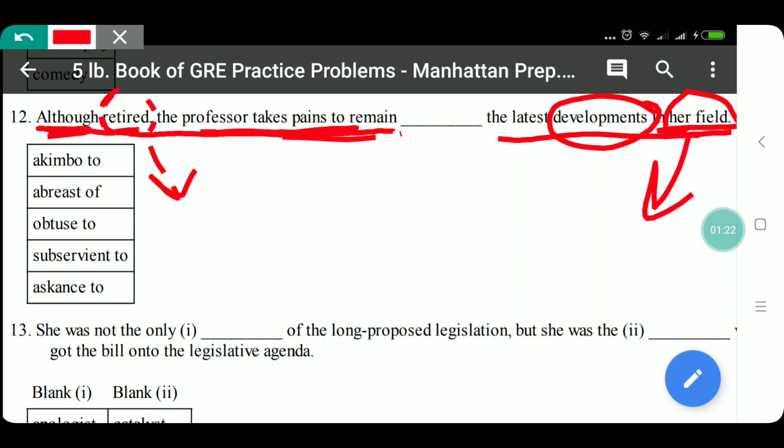Now, what word suits over here? The very first thing is that you need to focus on the indicators. You see this contrast indicator, although. With this word 'although', you can identify that whatever clause follows will be in contrast to the clause related to although.